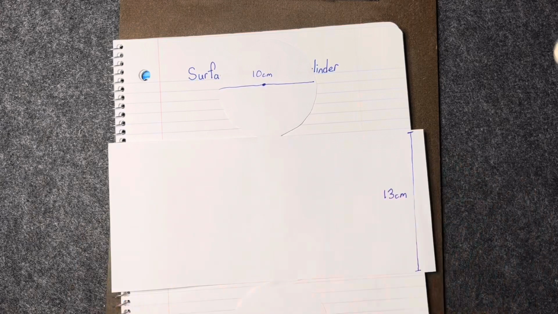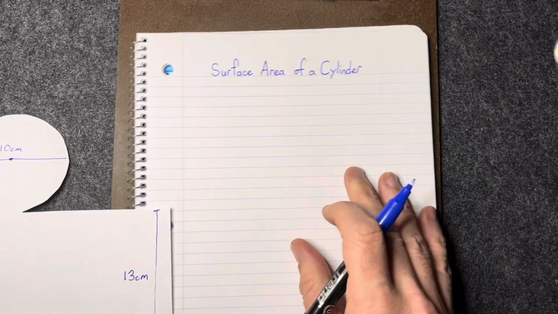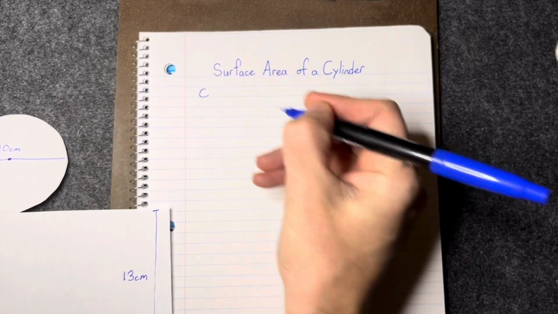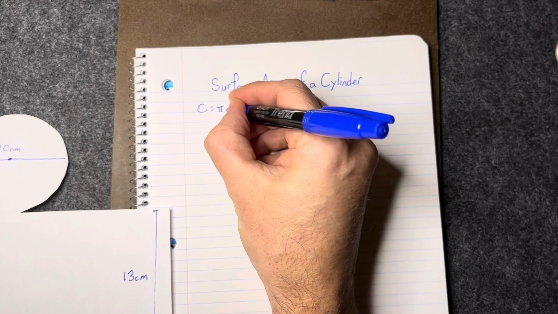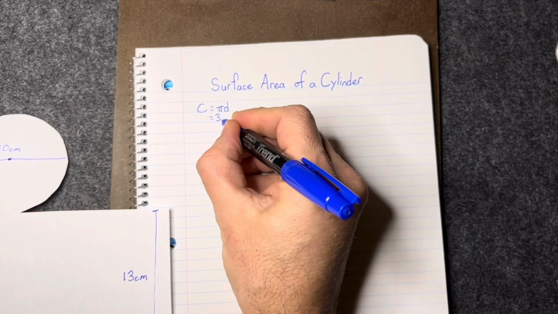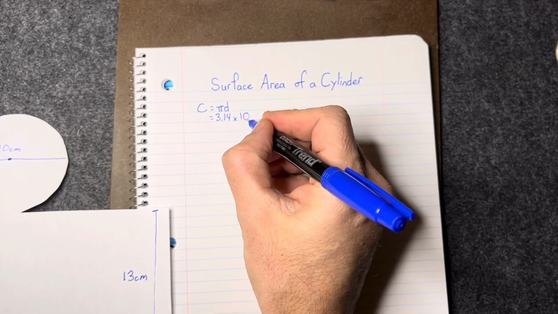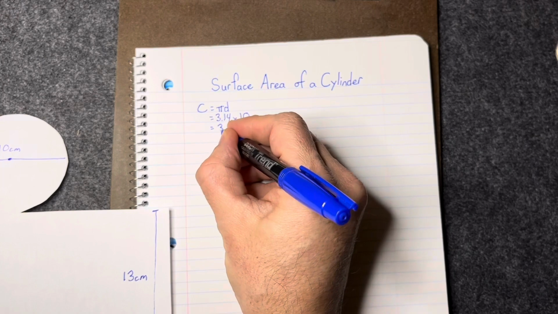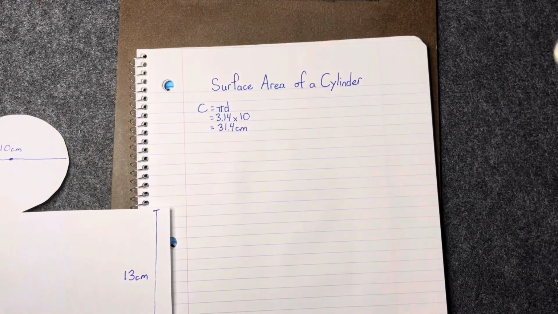Okay, so we have a diameter of 10. So as we know, circumference equals pi d. And that would equal 3.14 times 10, which would be 31.4 centimeters.